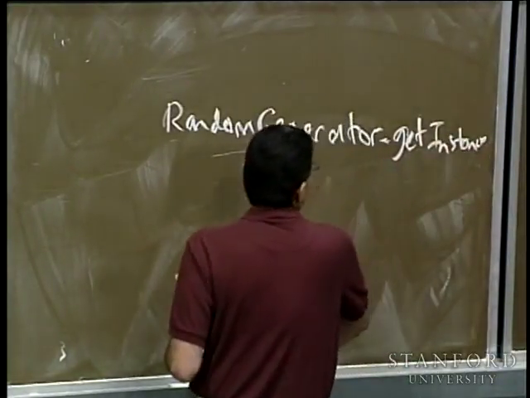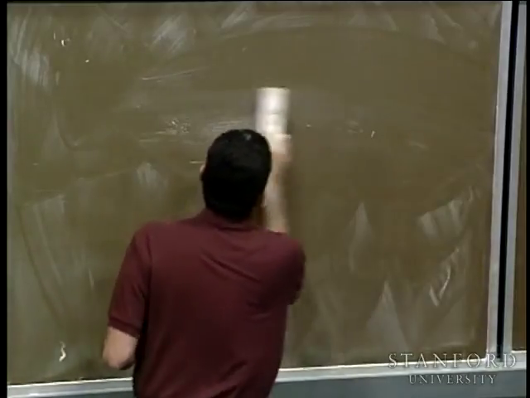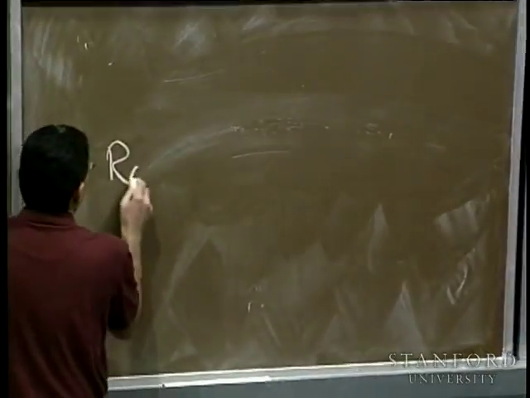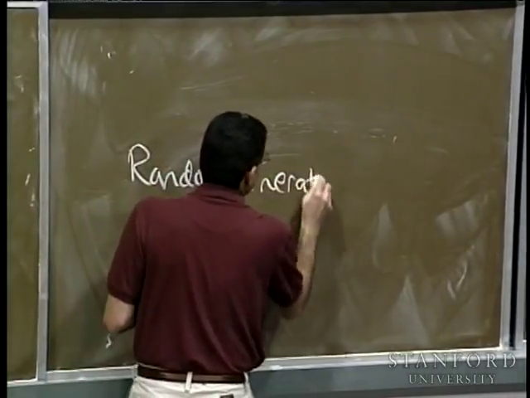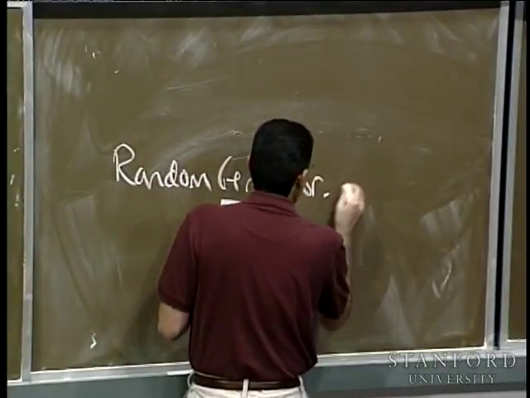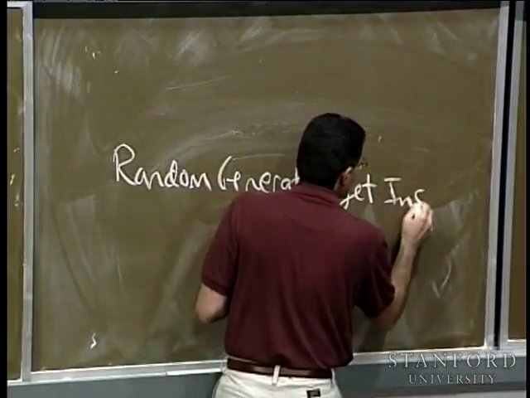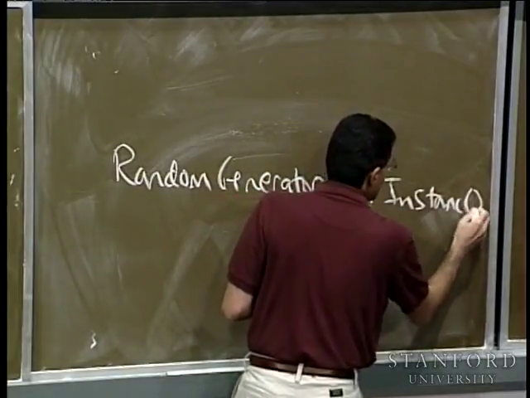I can't fit it all on this board. Let me write it on 2 lines. Oh, I'm just in this hailstorm of chalk. RandomGenerator.getInstance. There are no parameters here.